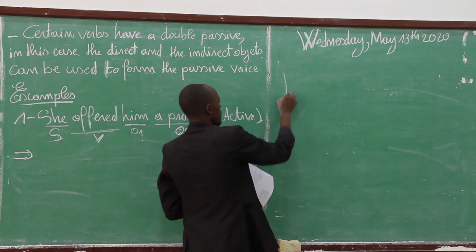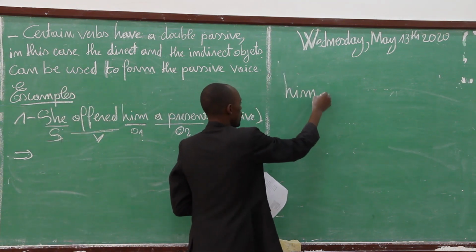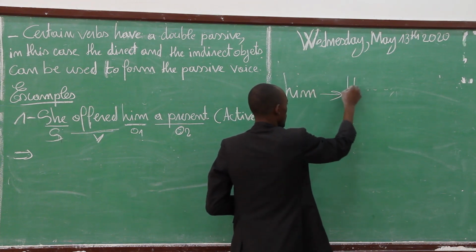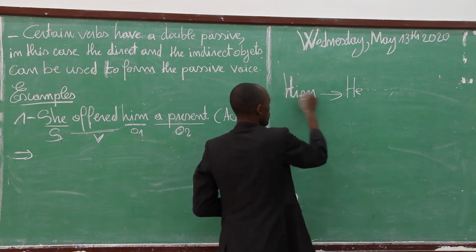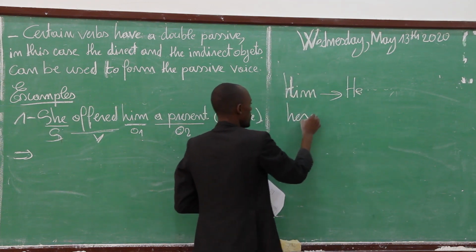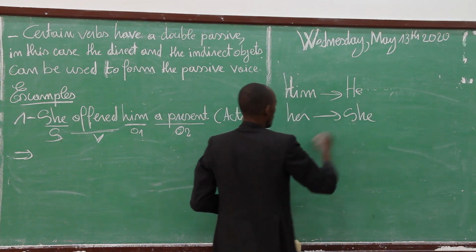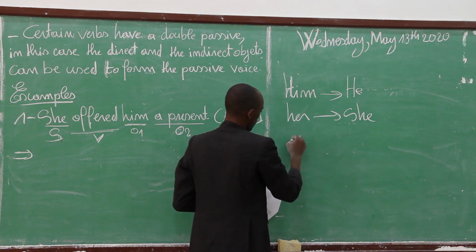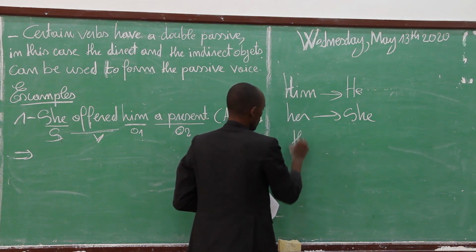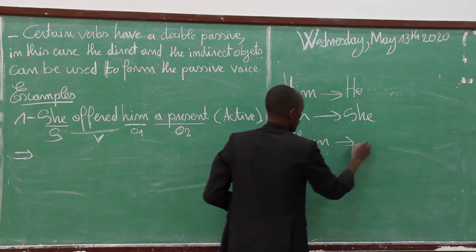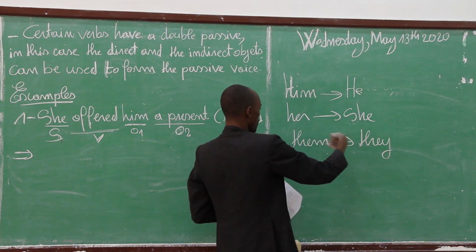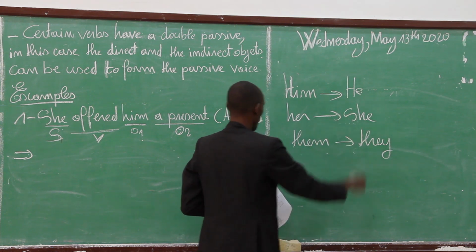In passive voice, him becomes he. Her becomes she. We can also say them, they. Or vice versa: they become them, she becomes her, he becomes him. Good.